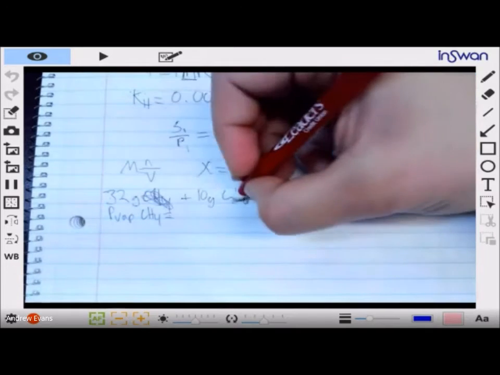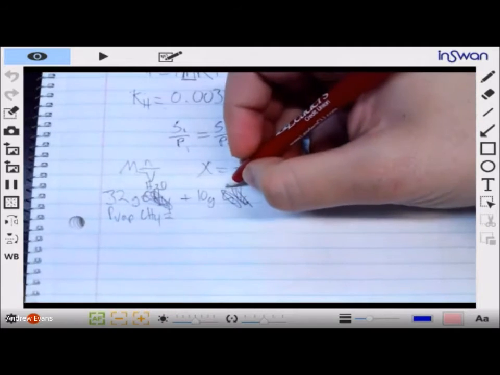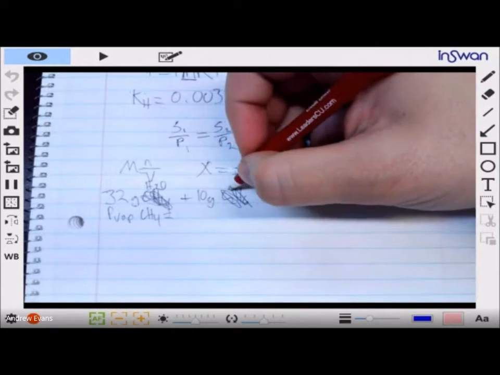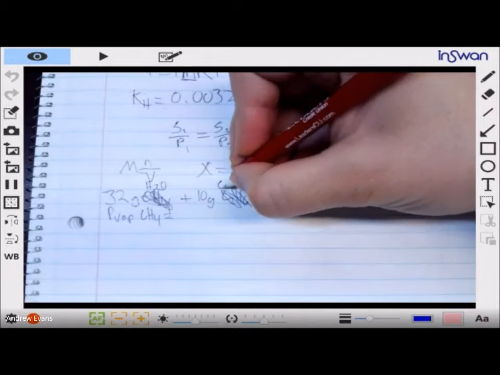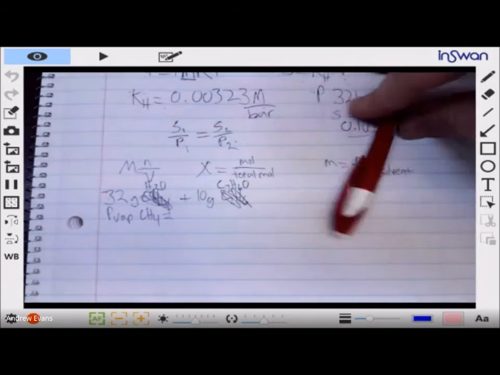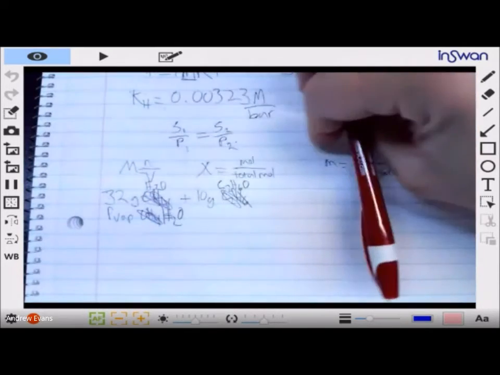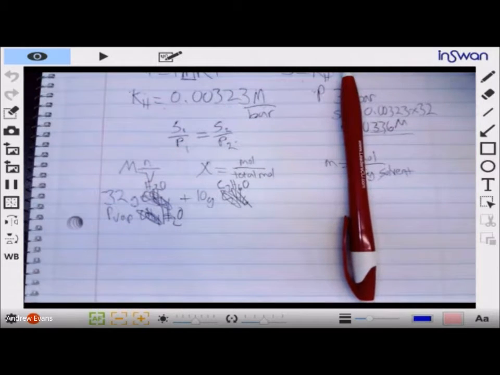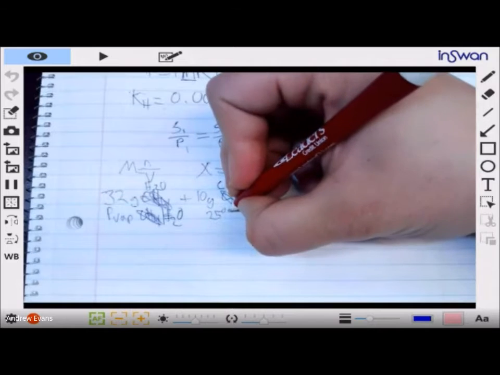Let's say we'll do water and ethanol, C2H6O. What's the vapor pressure of water at 25 degrees? The 25 degrees is just to throw us off.